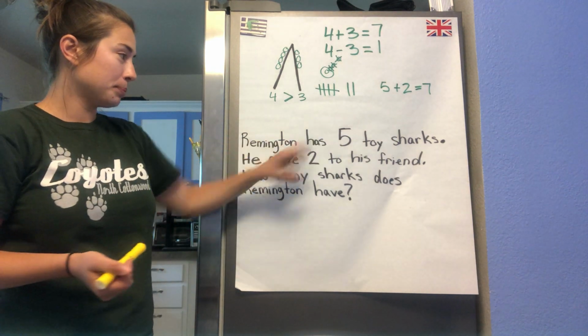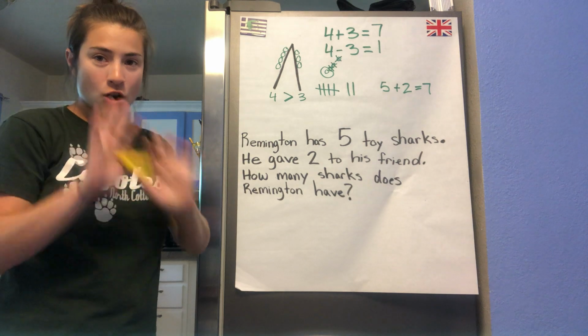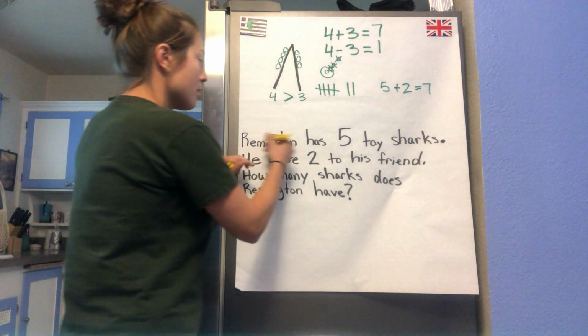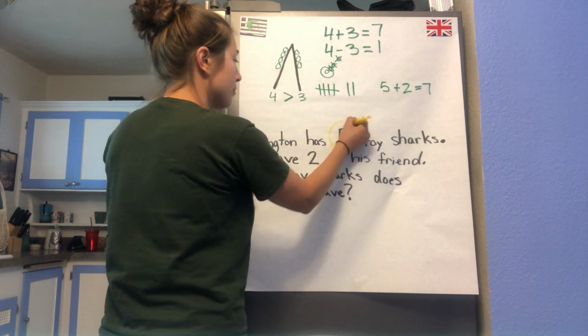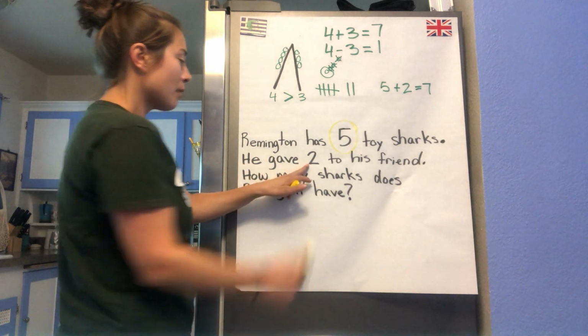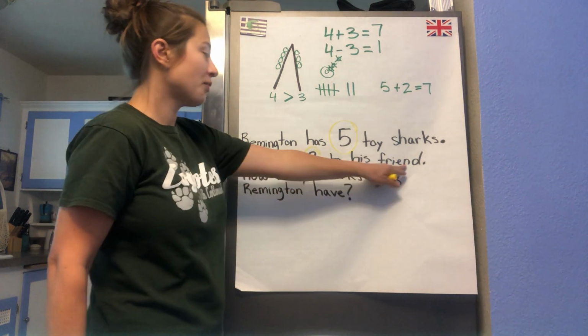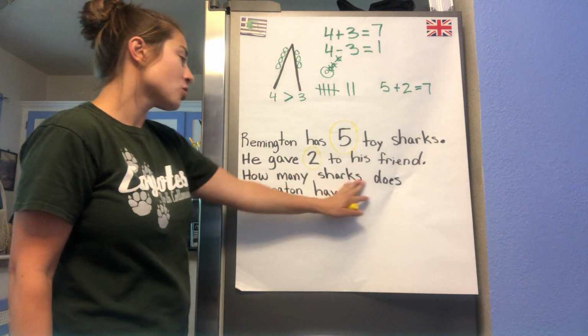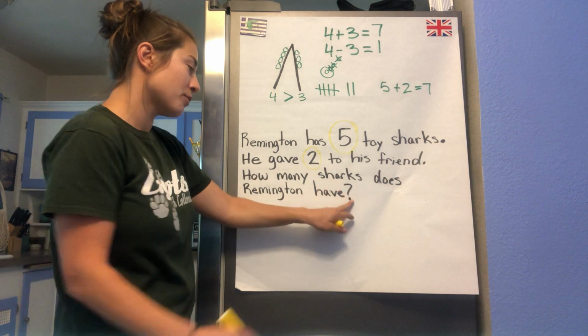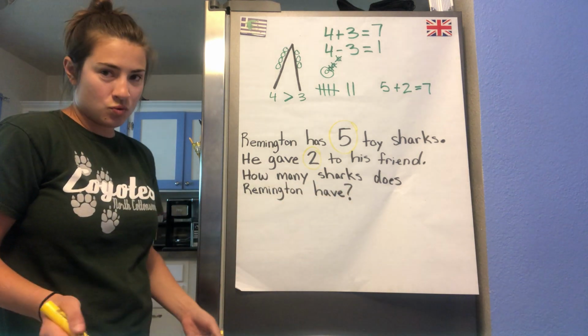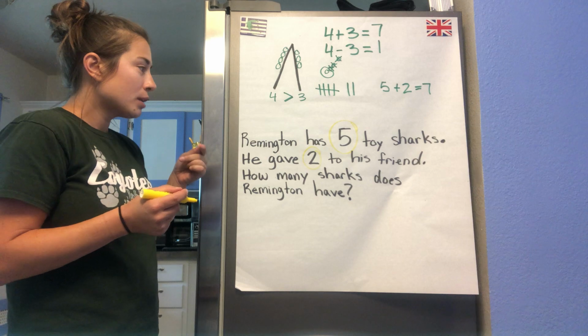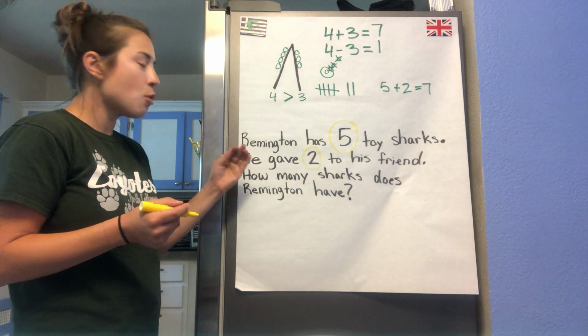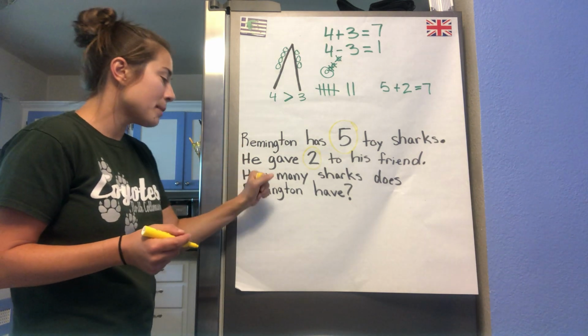First, I'm going to highlight the numbers so I know what numbers I'm working with. Remington has 5 toy sharks. He gave 2 to his friend. How many sharks does Remington have? So they're asking you how many sharks does Remington have?